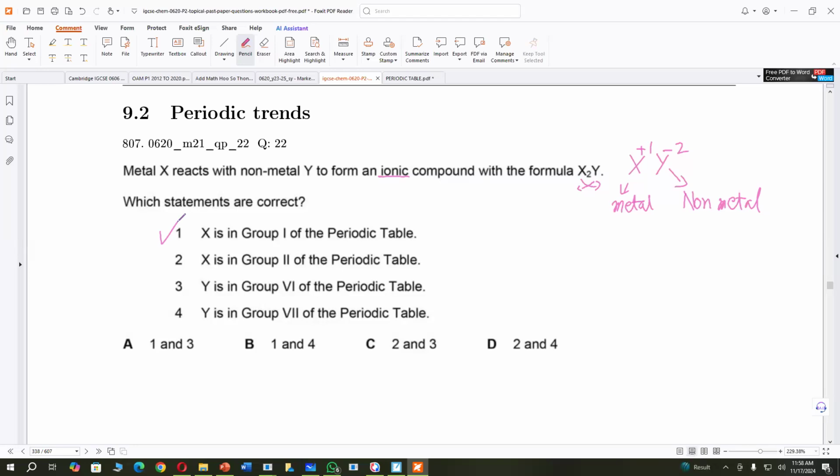So 1 and 3: Y is in group 6, and it takes -2. If X is in group 2, it will take +2, but here it will take +1. Group 6 means Y will take -2, and here it would take -1. So according to that, A is the right answer.